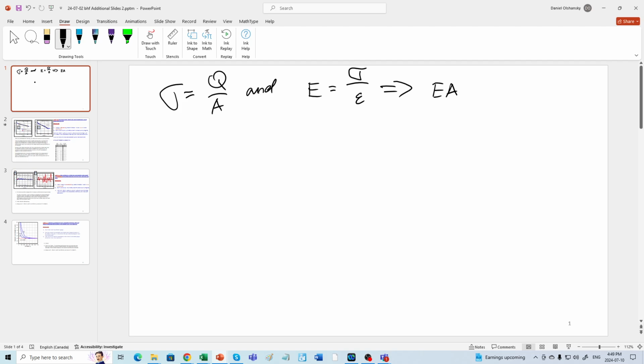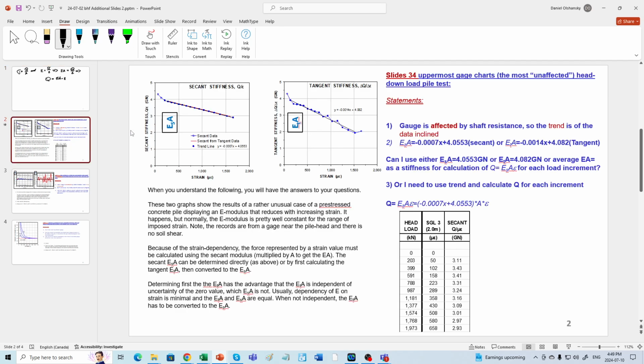EA is equal to load divided by strain. And then, load at a specific location of the strain is going to be EA multiplied by the strain. So actually, it's what you did.